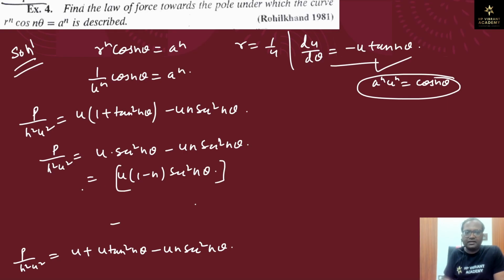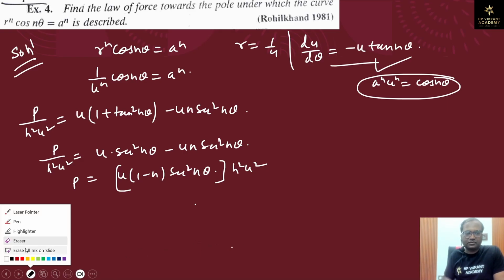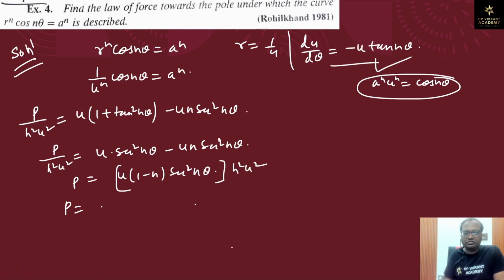This is our central acceleration. Let us further simplify this. So we have p is equal to h square 1 minus n u cube sec square n theta.